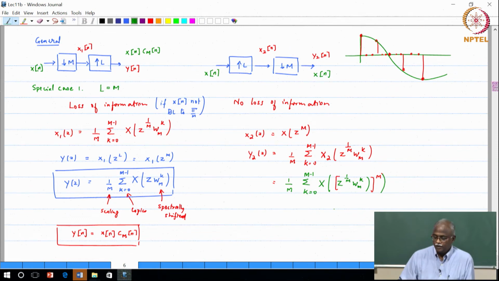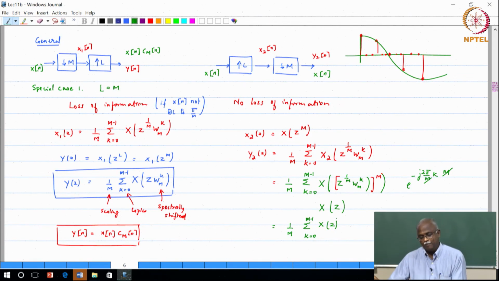Now z power 1 by M raised to the power M gives me x of z, and W_M raised to the power k is e power minus j 2 pi over M multiplied by k. Now if I raise it to the power M, M and M will cancel, and this coefficient becomes equal to 1. So this effectively becomes 1 over M summation k equal to 0 to M minus 1 of x of z.